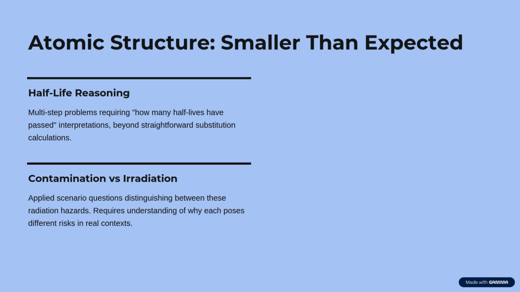And if you don't know how to answer them, then we're in a bit of a pickle. And then contamination and irradiation. There's a difference between them. Contamination means a radioactive source is on or inside you. Irradiation means you're exposed, but you don't become radioactive. So it's that one sentence that can save marks, technically.